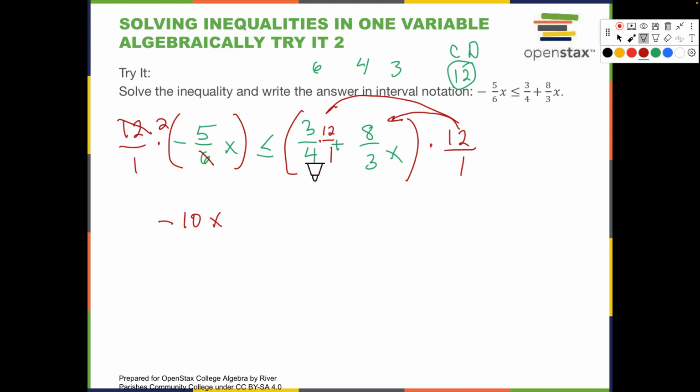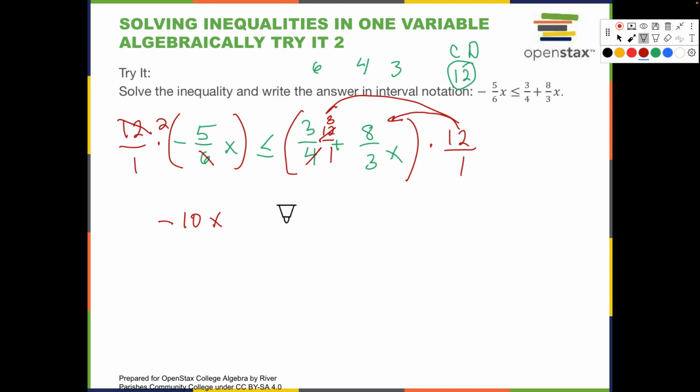Well, watch. 4 goes into 12 3 times. 3 times 3 is 9. Isn't that easier to think through? I think so. So why get a big number and then have to figure out how to work with it? Keep our numbers small, and they'll just be easier for us to work with.